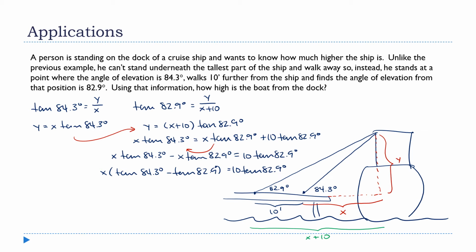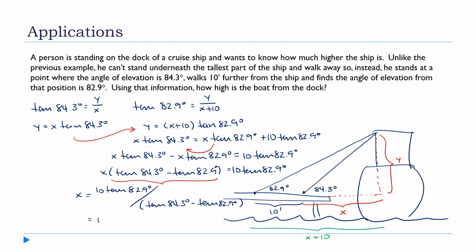Now divide by this expression here, and we get x equals 10 tangent 82.9 divided by tangent 84.3 minus tangent 82.9. And now you go to your calculator.